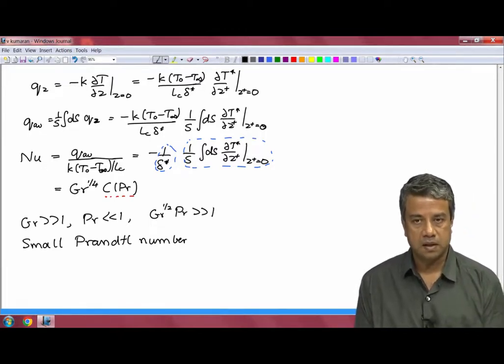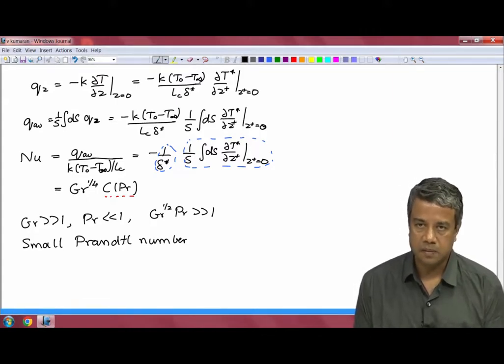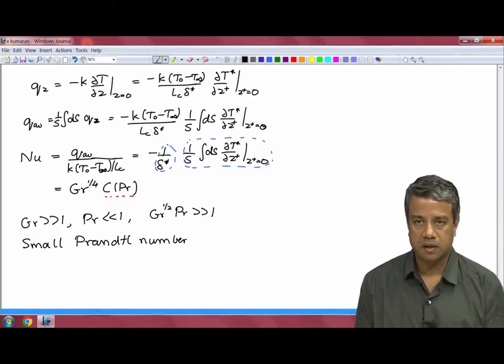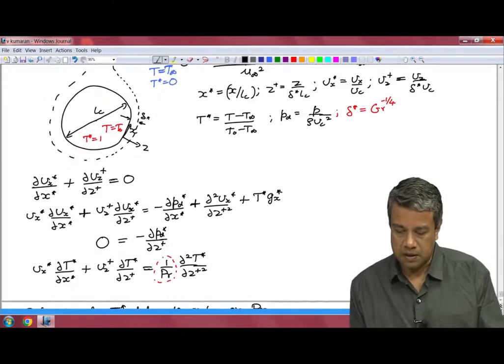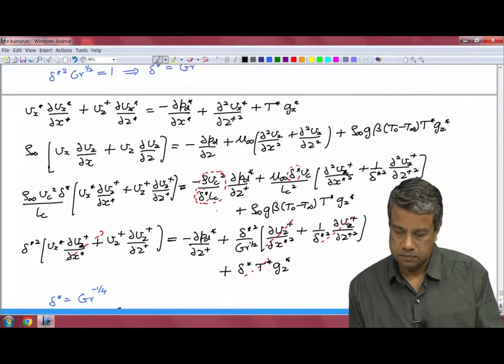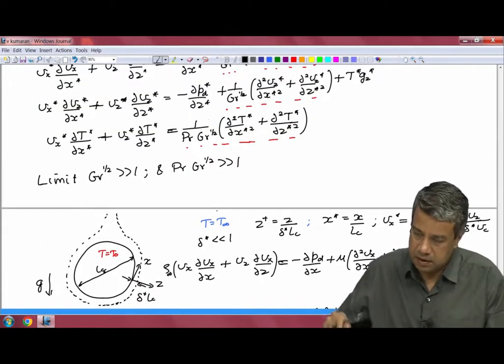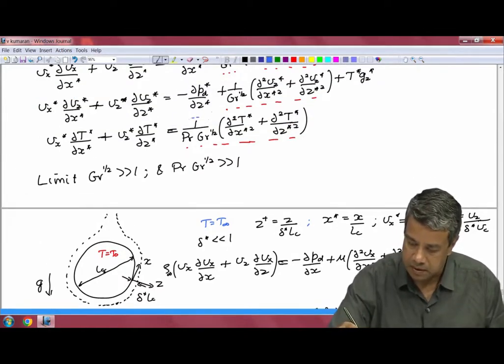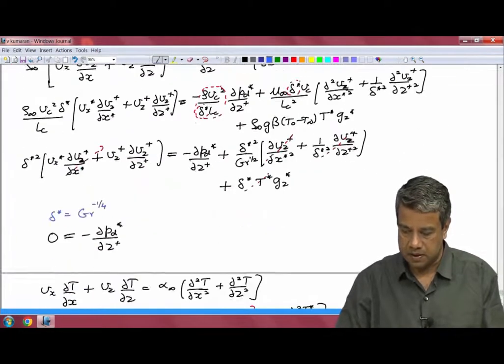Recall that this term appeared in the denominator multiplying the diffusion term in the energy equation. So, for convection dominated flows, this has to be a large number. So, we will consider first that limit.